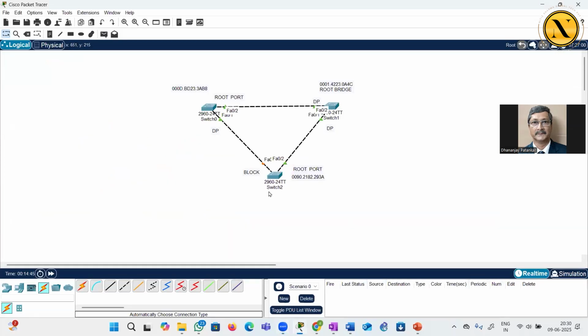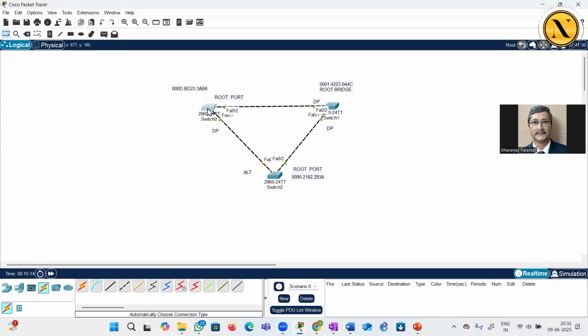Root bridge, both non-root bridges, and hence root port, DP, DP, DP, and blocking mode, alternate port. Blocking means it's technically known as alternate. Of course, it's in the blocking mode, so from this port it cannot learn any MAC addresses. Of course, BPDUs they keep on exchanging between the two. Right now this is PVST.